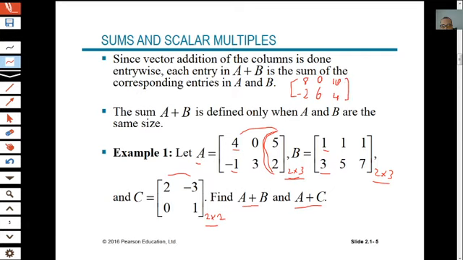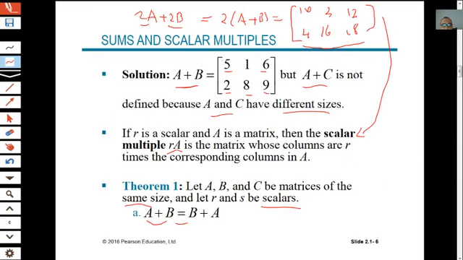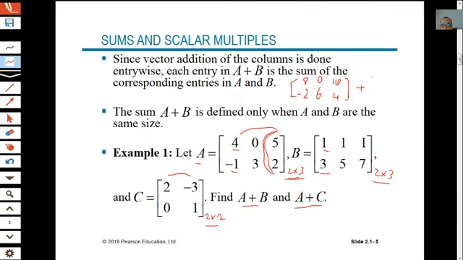Plus 2 times B: 2, 6, 2, 10, 2, 14. Addition of them will be 10, 4, 2, 16, 12, 18.